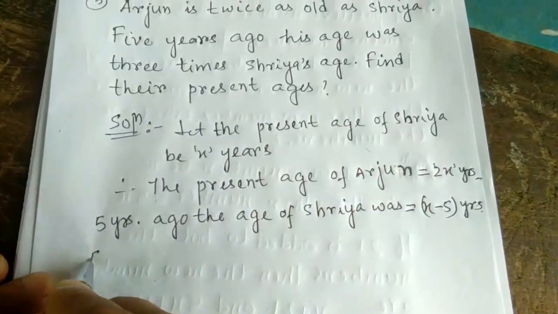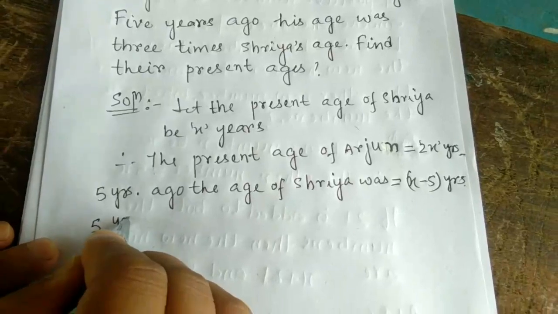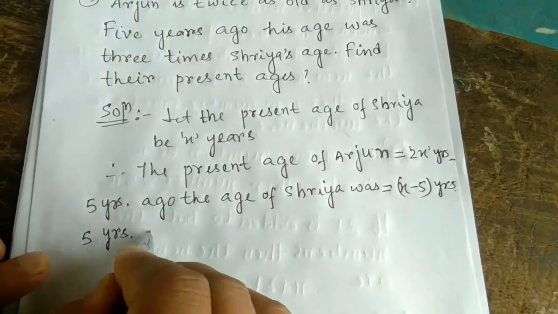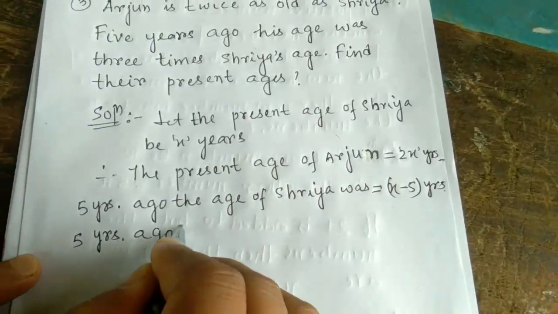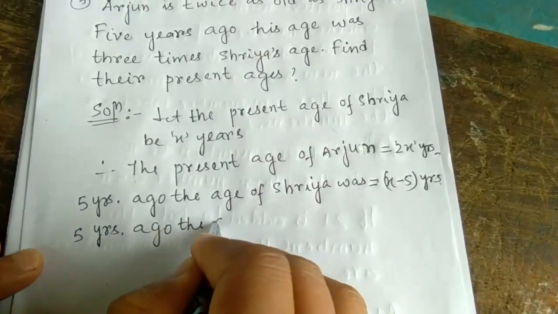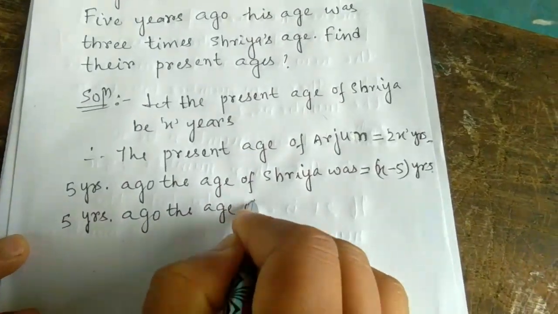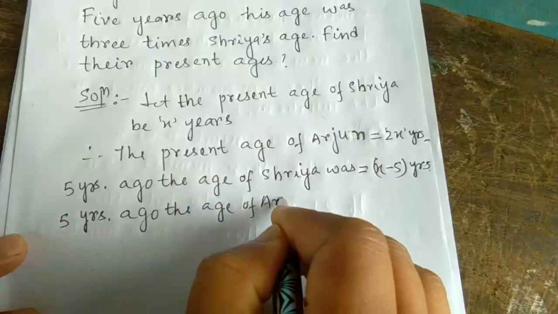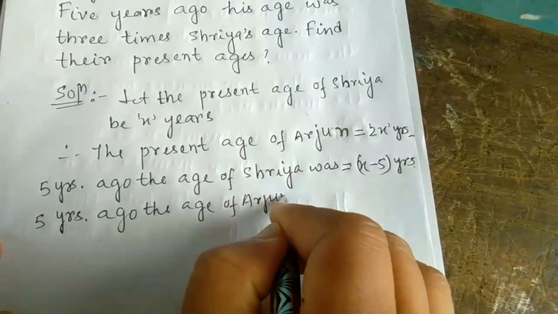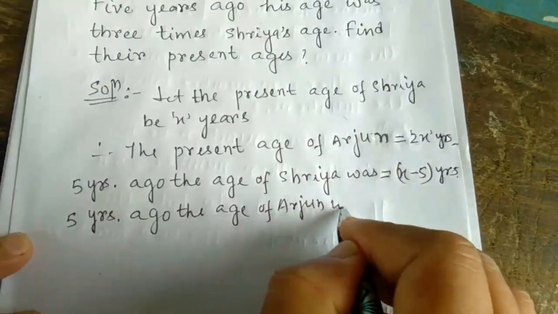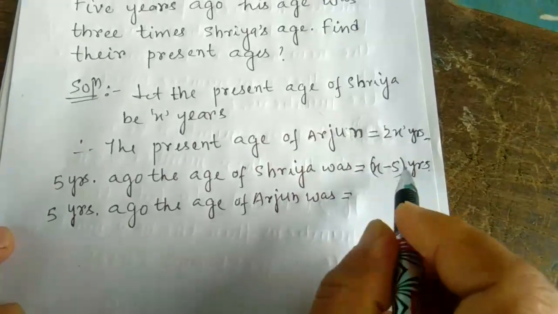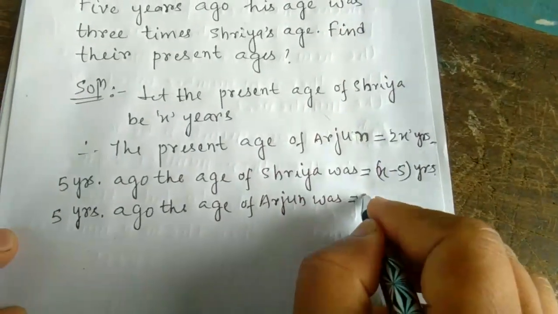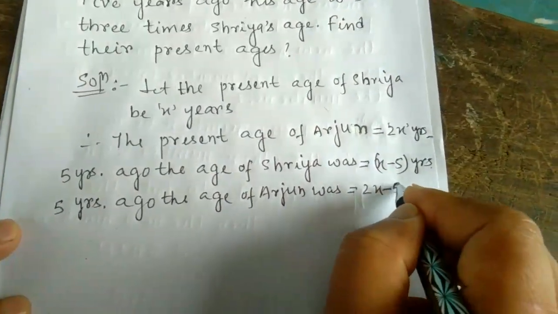Similarly, 5 years ago the age of Arjun was, present age of Arjun is twice x, so it will be twice x minus 5 years.